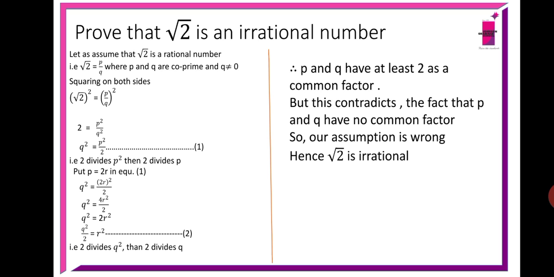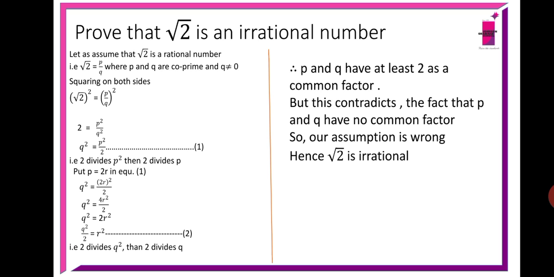When you substitute P as 2R, you get Q square equals 2R whole square by 2. Finally, Q square equals 4R square by 2. If you simplify, you get Q square equals 2R square. Sending it to the LHS, Q square by 2 equals R square. That is, 2 divides Q square, then 2 divides Q. Therefore, P and Q have at least 2 as a common factor.